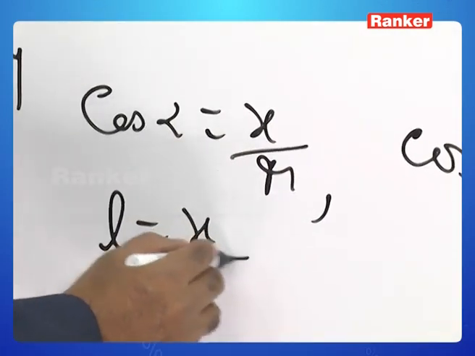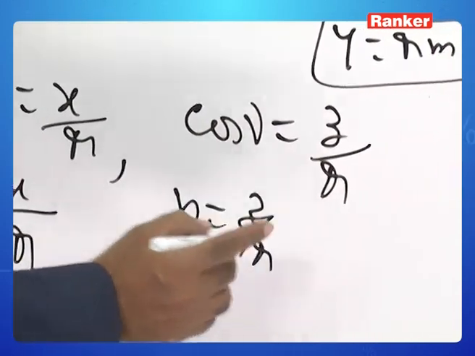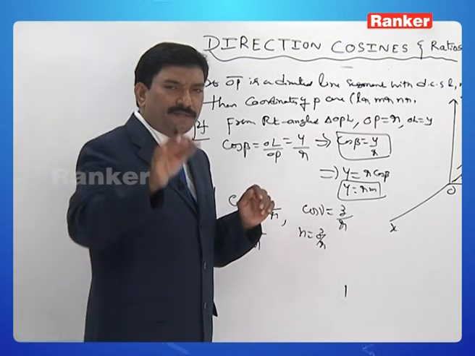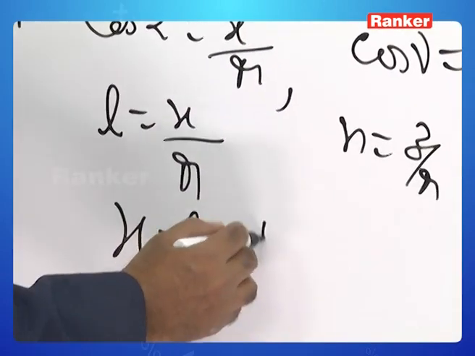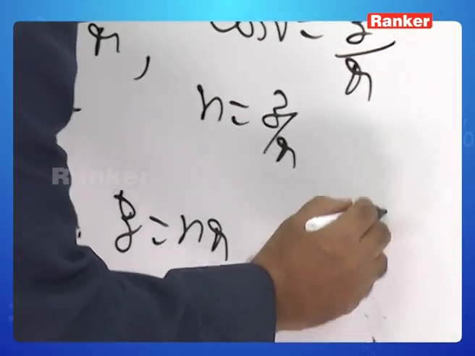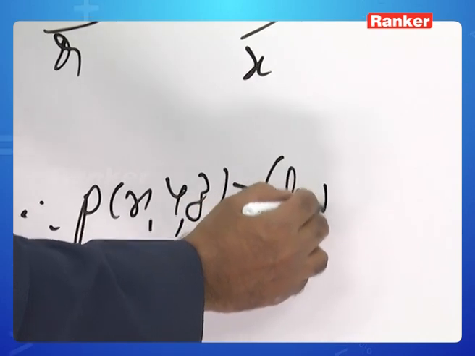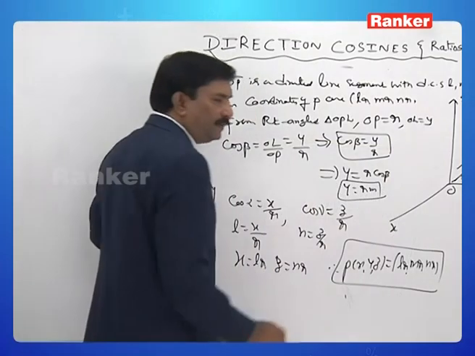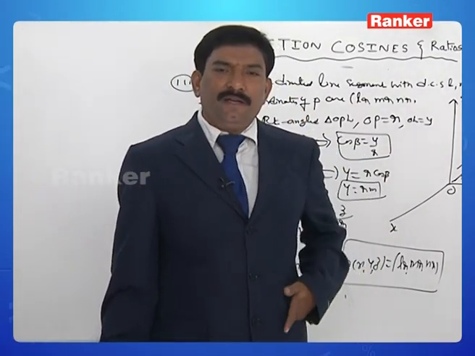Write this as l is equal to x by r and n is equal to z by r, where cos alpha is equal to l, cos beta is equal to m, cos gamma is equal to n, correct? So x is equal to lr and z is equal to nr. So I can write P of x, y, z is equal to lr, mr, nr.